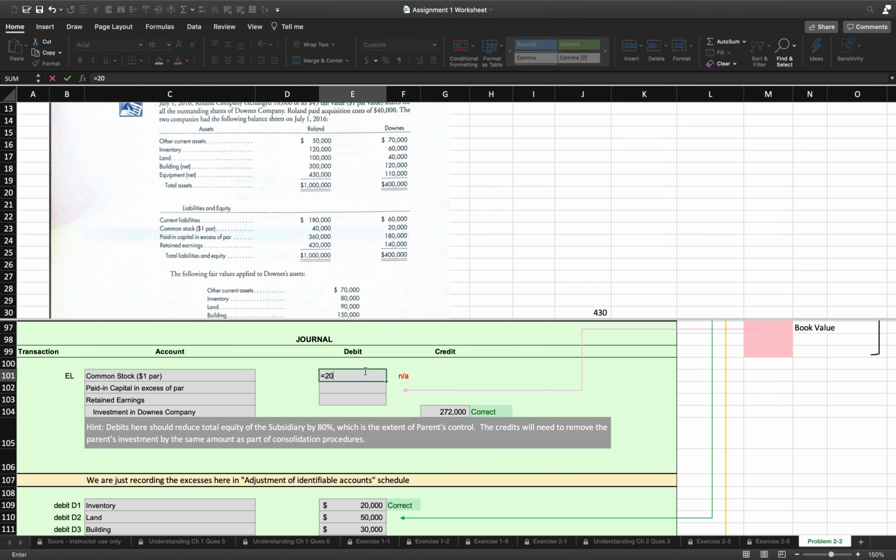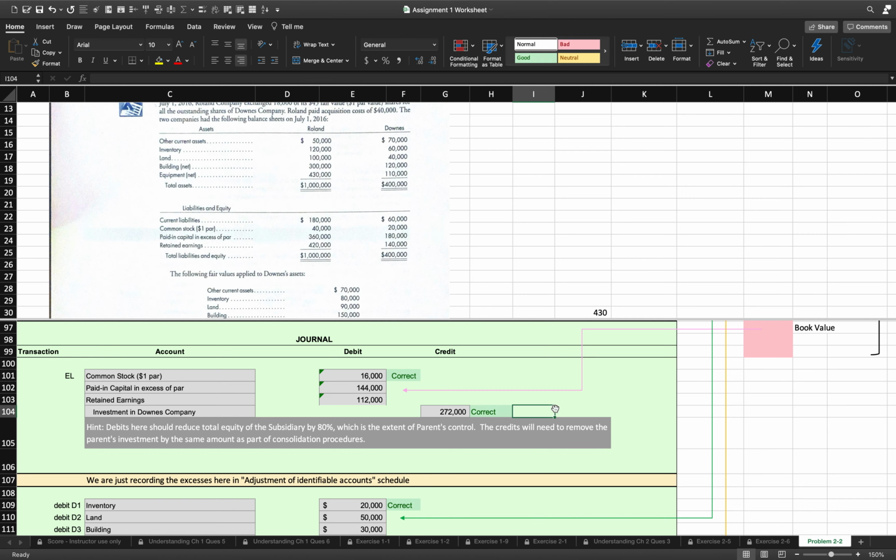So what I want to do is take away 80% of the book value, for common stock, that's 16,000, and do the same for the remaining equity accounts. So again, I want to multiply things by 0.8, so I just want to change that to the book value of paid in capital, 180,000, and I want to change the retained earnings to 140,000, and add it together. This should add up to 272, and it does.